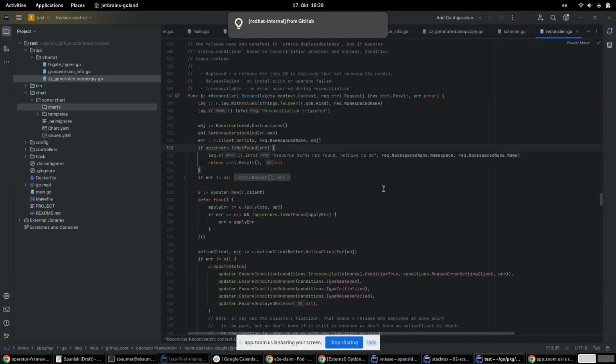Yeah, that's my thinking too, right? The operator SDK approach gives you a basis for transition. You can add Go code, which you cannot do in Flux. Flux is absolutely locked to whatever is in the chart itself.